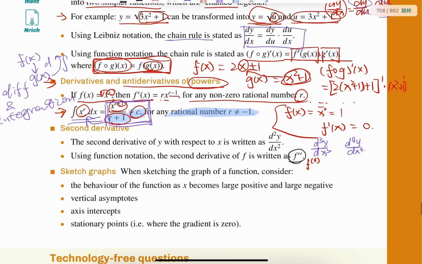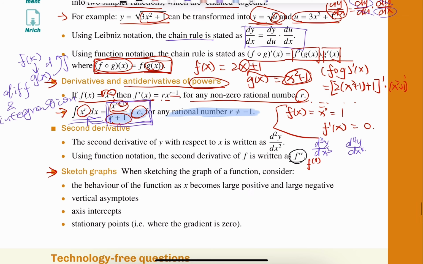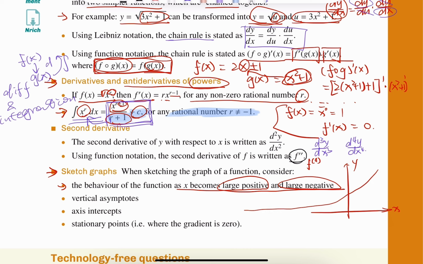Okay, then let's talk about how to sketch graph. When we're sketching the graph of a function, consider the behavior of the function as x becomes larger positive and larger negative. So what it's saying is, if you have x-axis and y-axis, for example, let's have an exponential function.